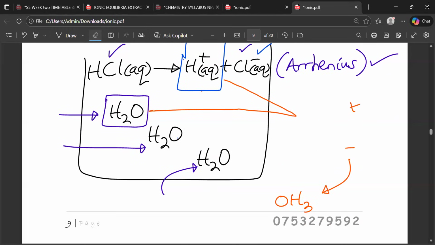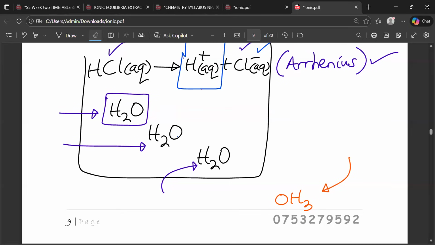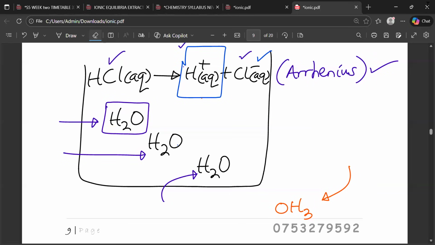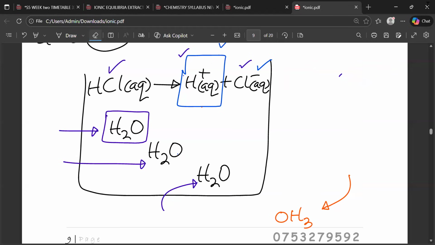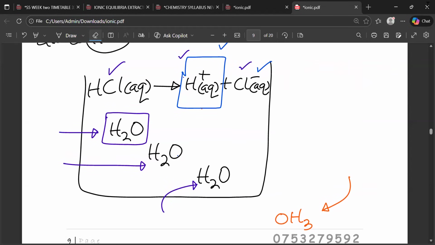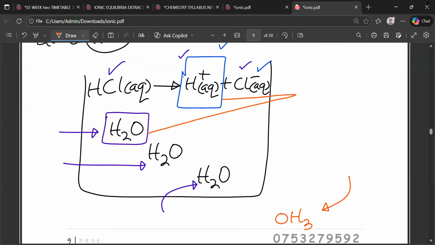I think let me draw a better image here so that people can see something. When those two interact, I want you to look here. Let me remove this Arrhenius guy. So this is what we are saying. When those two interact, what happens?